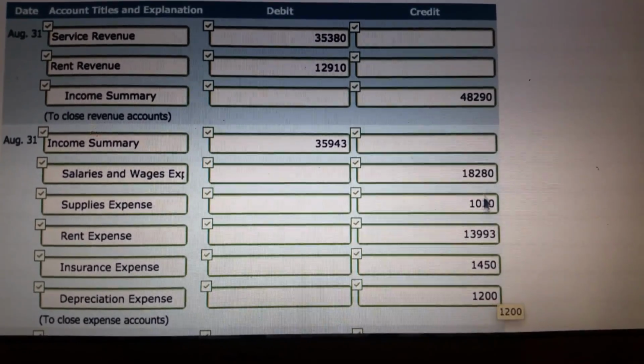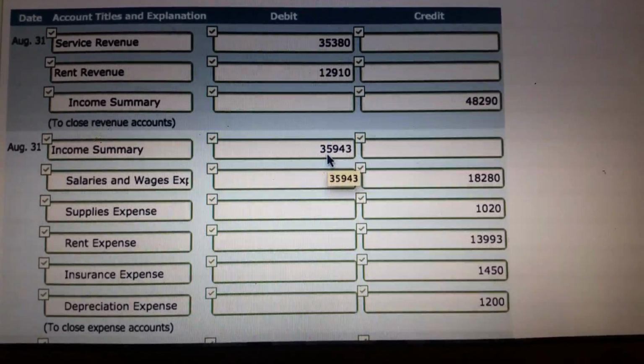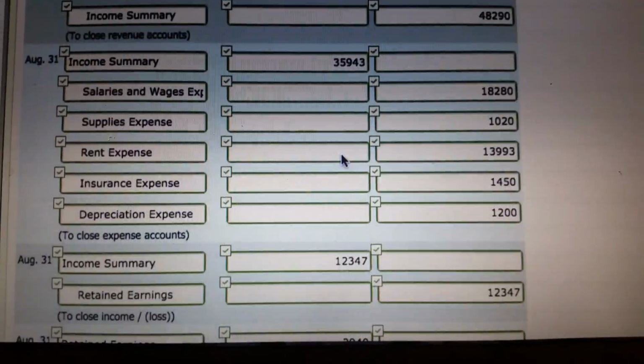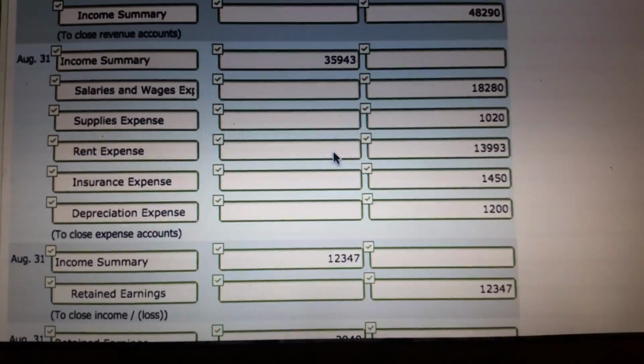After we add all these up, it gives us a total of 35,943.